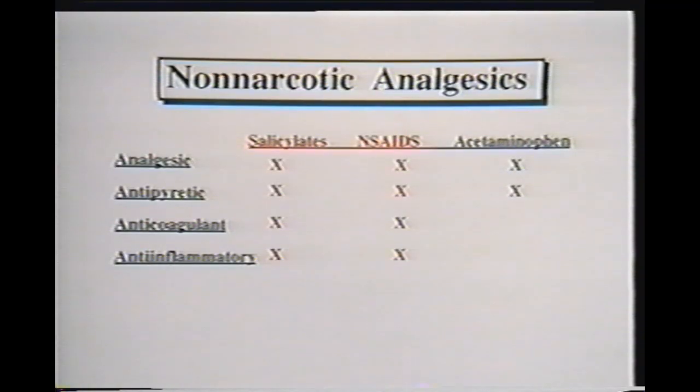I want us to move on and take a look at non-narcotic analgesics and antipyretics. With the non-narcotics, we have three major categories. We have salicylates, we have NSAIDs, the non-steroidal anti-inflammatory agents, and we also have acetaminophen or Tylenol.